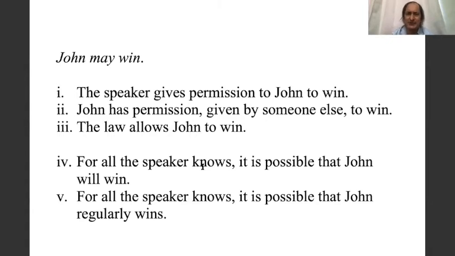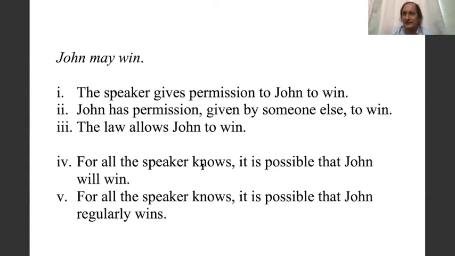Usually speaker permission is like "you may win" or "you may do something," but it's possible to do it using the name John as well to directly give John permission. A little bit better for this sentence is to say something like John has a permission given by someone else to win.